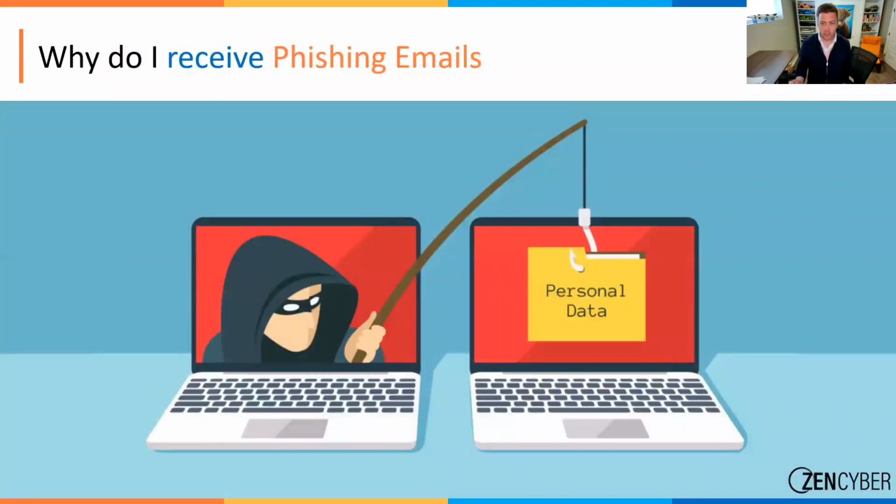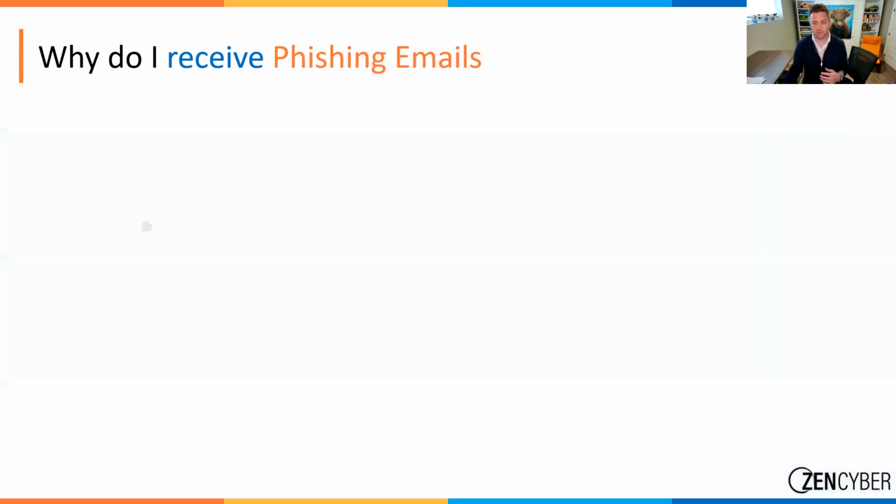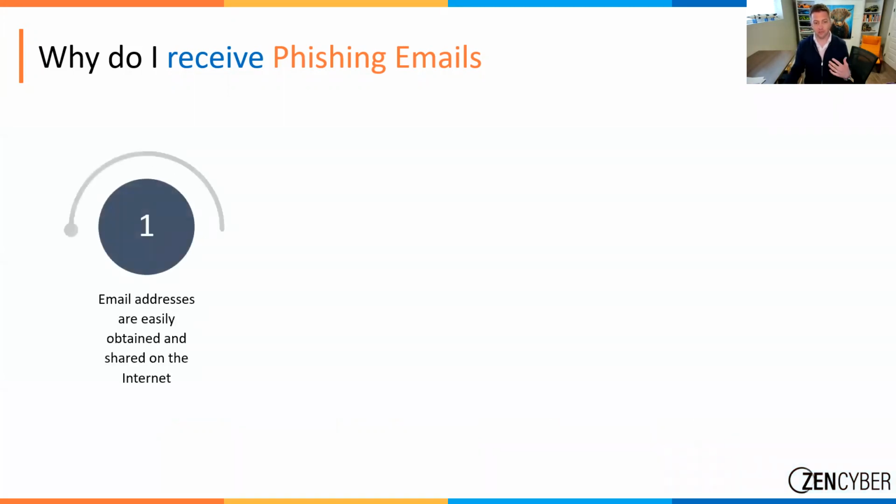And what they're trying to do is they're trying to collect your personal data, usernames, passwords, answers to those common security questions. And they're doing it primarily by email because your email address is already openly circulated online.